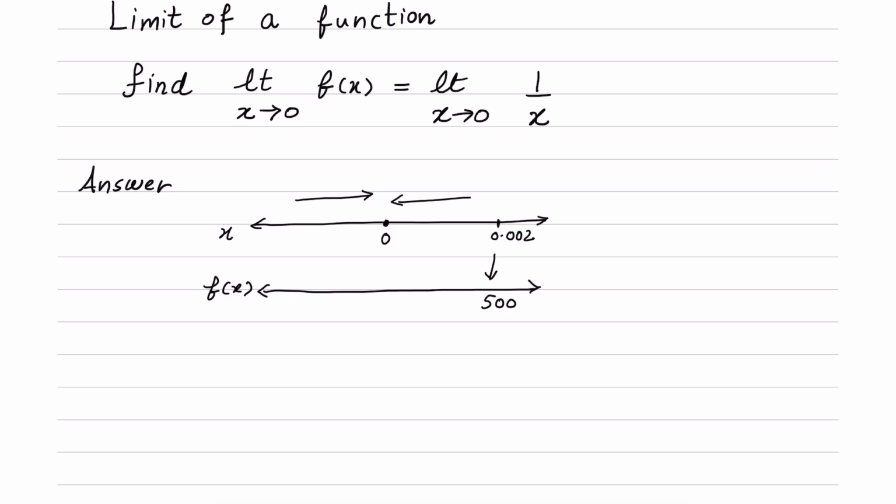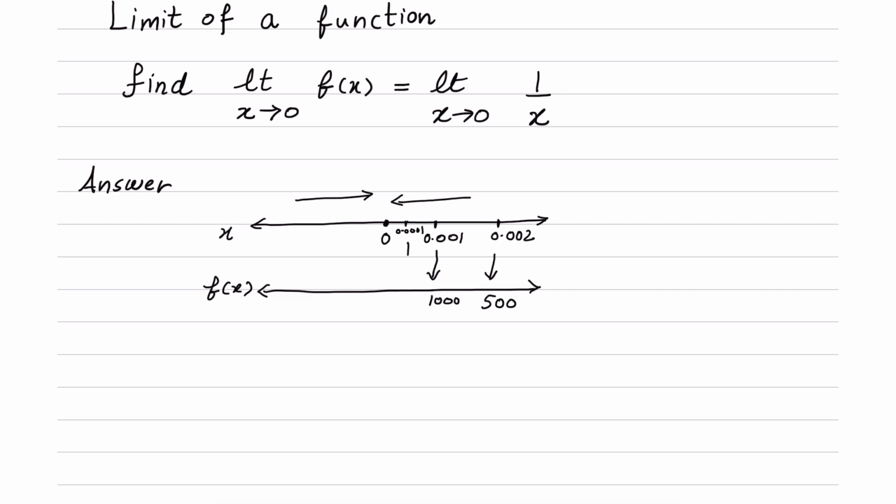Let's get closer to 0 by picking one more value, 0.001. In this case, when we plug this value of x in the function 1 over x, we get 1000. We can see that the values of the function are getting larger. Let's say we pick one more value, 0.0001.